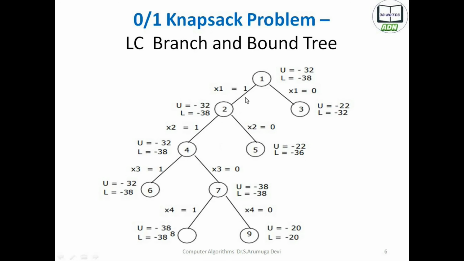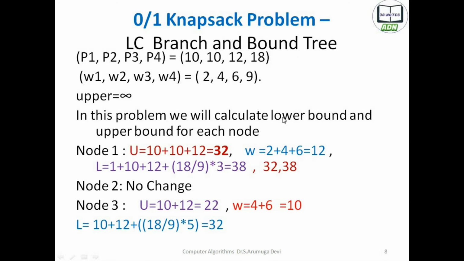This is node 2. Node 2 means we take the first item, and in node 3 you are leaving the first item. When you are taking the first item, we already calculated the value, so there is no change: first item, second item, third item. Suppose you leave the first item, what will happen? Then you can fill 10 plus 12, 22.